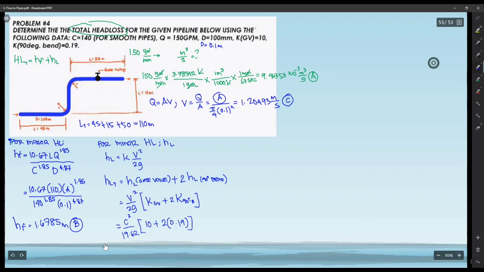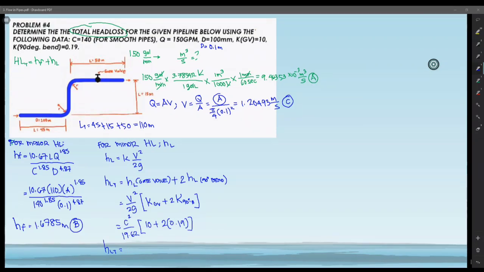Okay lang? So the total minor head loss is equals lang sa A, C squared divided by 2g or 19.62, times the quantity of 10 plus 2 times 0.19. Okay? So, ang answer na napalabas ko is 0.7681.